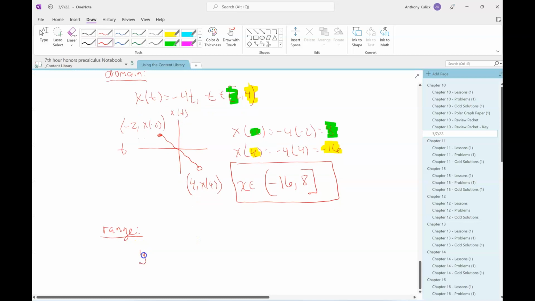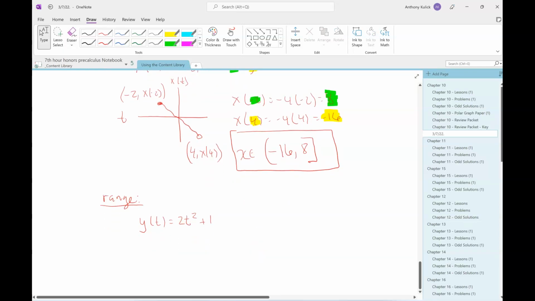All right. The range. As Lily already identified, we have a t squared in the range. What type of function is this, as a name? Quadratic, very good. What's the shape of the graph for a quadratic?